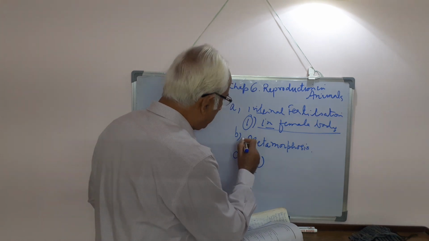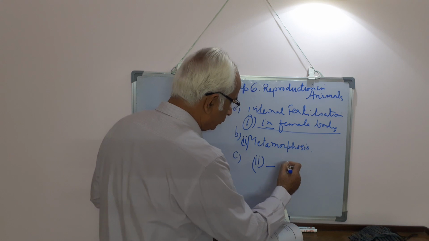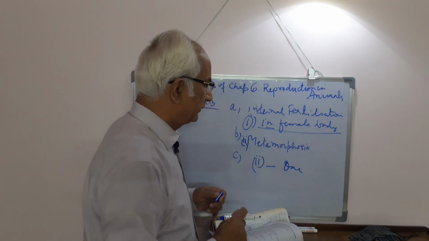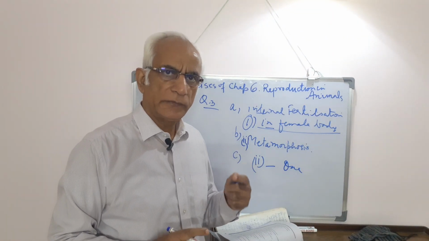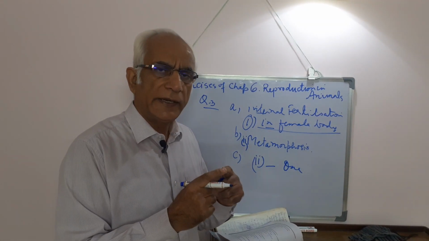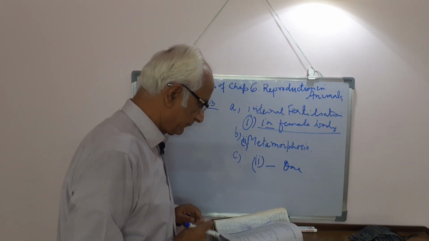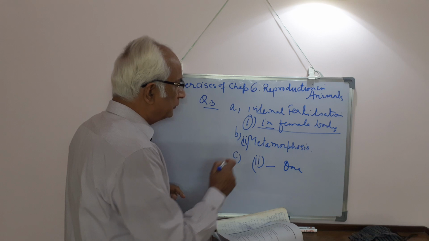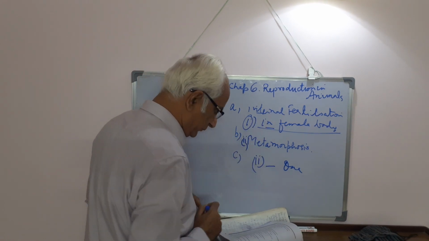There is one nucleus in the sperm and there is one nucleus in the egg. When they both fuse, it becomes a new cell with one nucleus. Okay? So part 1, part 2, part 2. These are the answers.